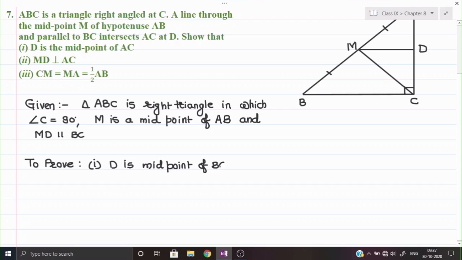Second part: MD is perpendicular to AC. And third part that we need to prove: CM is equal to AM, and they are equal as well as half of the hypotenuse AB. Okay, so let us start the proof.